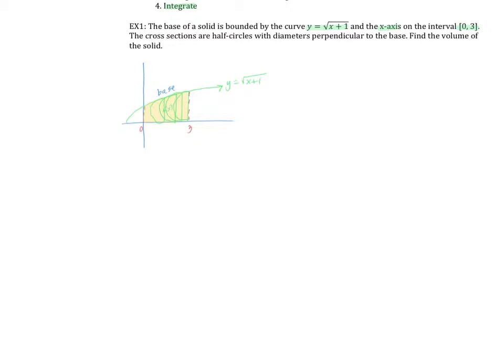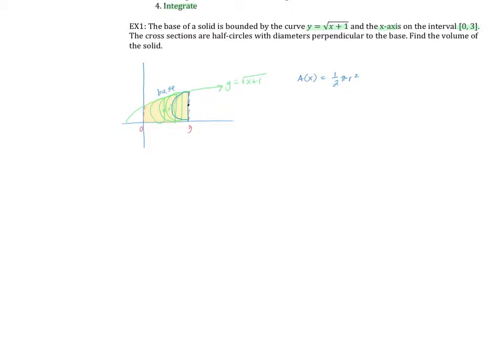So the first thing I want to do is look at a representative cross-section, and figure out the area of that cross-section. So this is a half circle. Its area is going to be 1/2 pi r squared. Now I have to figure out what r is.